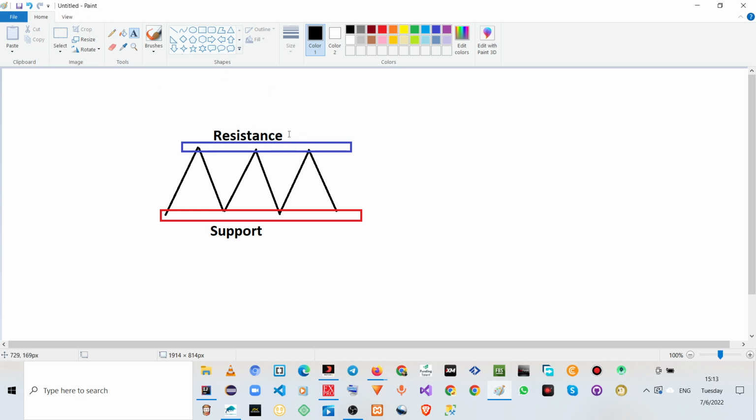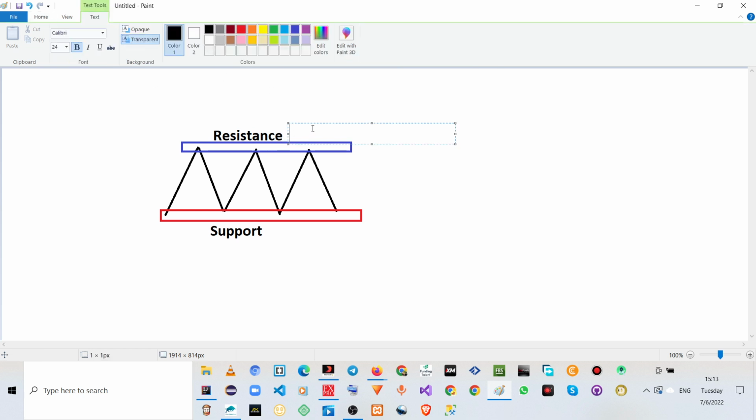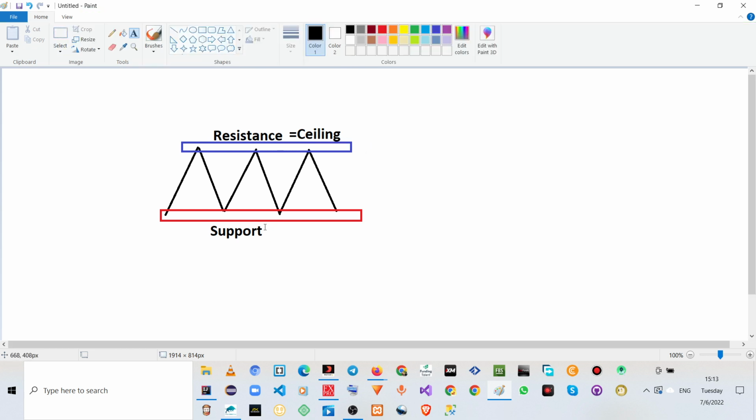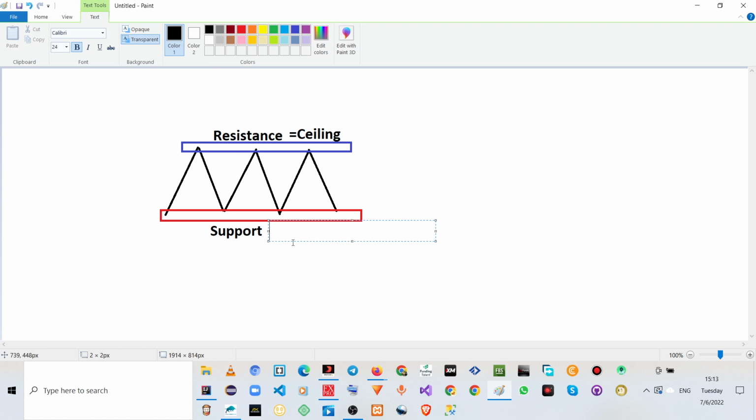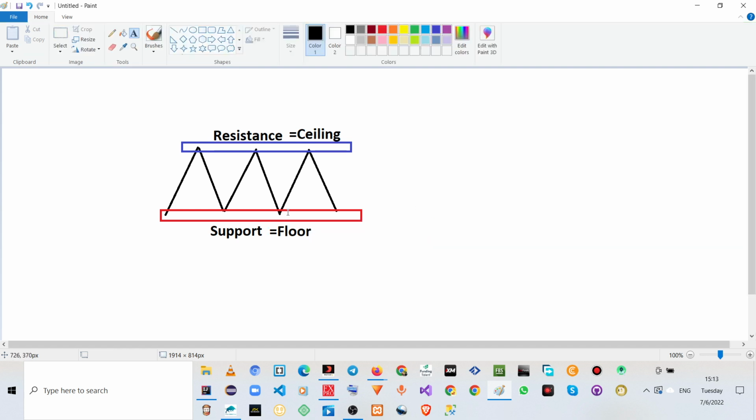And the support is also known as the floor of the price. Each time price bounces, it bounces from either a support or a resistance. That's what this basically means.